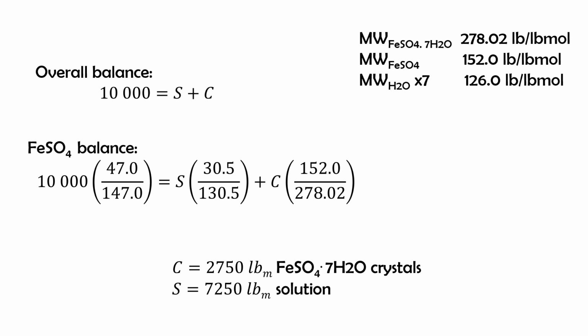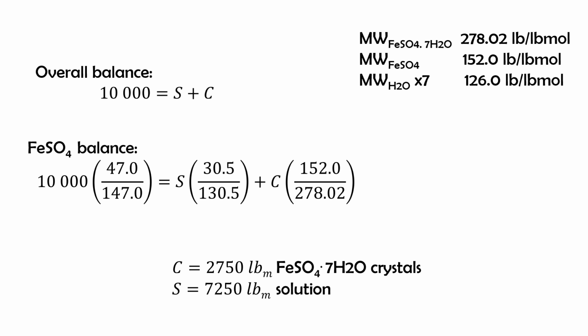We'll use this for the ferrous sulfate balance. In the ferrous sulfate balance, we'll have 10,000, which is the feed, times 47, the amount of ferrous sulfate in the feed, over 147, the total amount of ferrous sulfate and water in the feed.